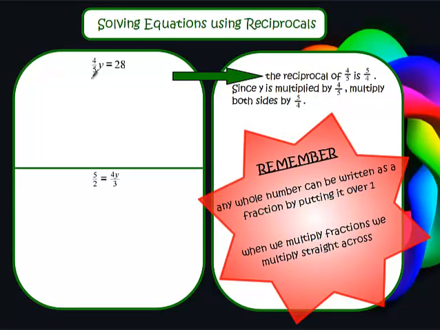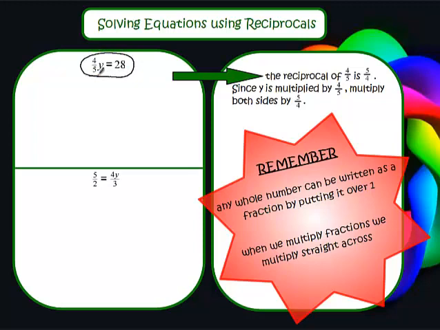Okay, our last technique we're going to use for solving single-step equations is what's called using the reciprocals. Now remember, a reciprocal of a fraction is when you take that fraction and flip it over on its head. So the best way to do this is to take a look at this first example, where I have 4/5 y equals 28.